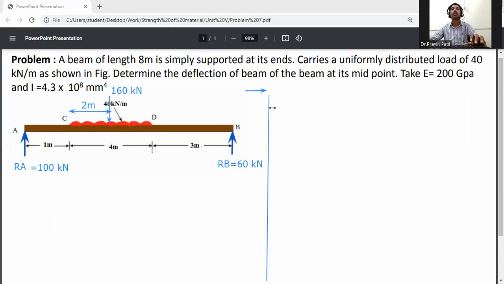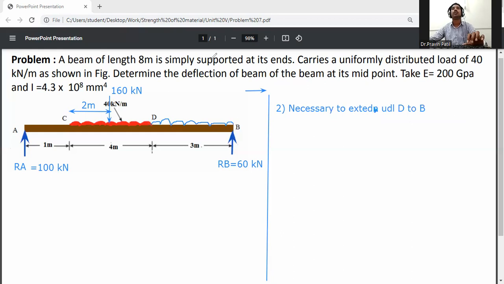Second step, after calculating the reaction, it is necessary to extend UDL D to B. Okay, so we just extend this UDL D to B. Same quantity, it is 40 kilonewton per meter.